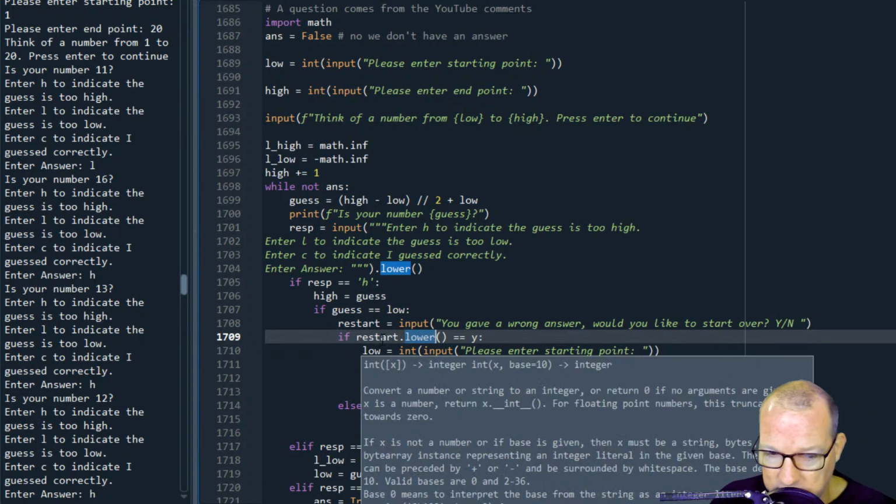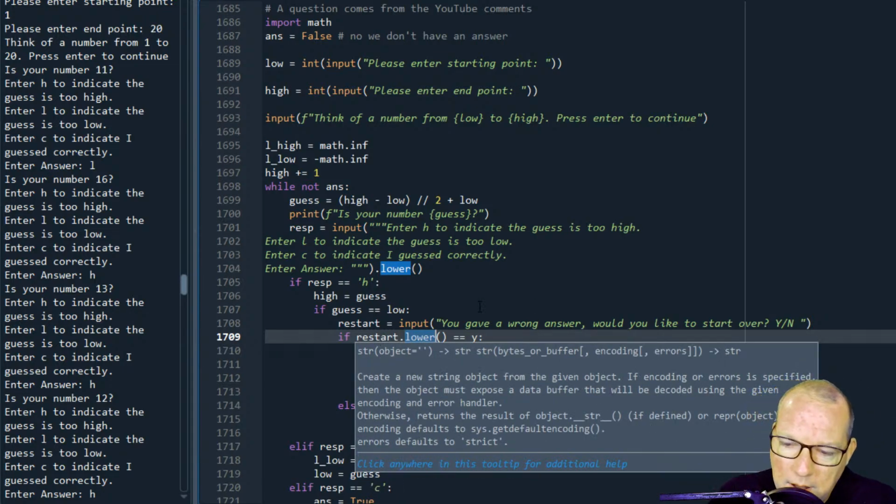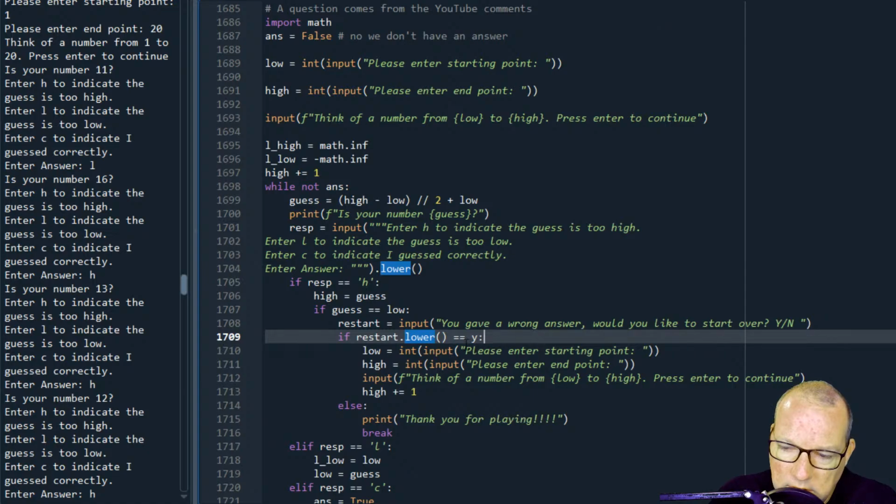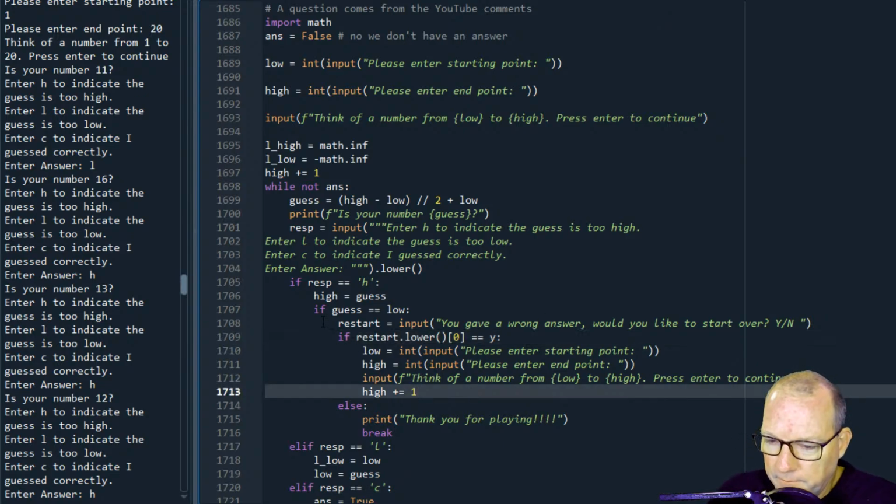One of the other very cool things is what happens if they typed yes, or anything, or yep. So we could slice this and take the response lower and slice off an index 0, so take the first letter of the response. I like doing that.